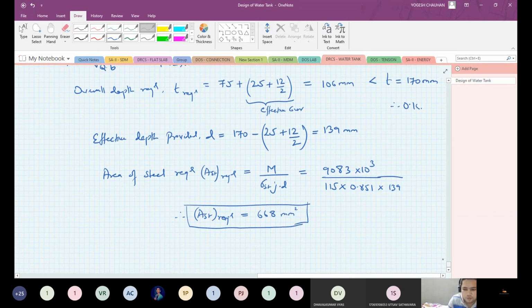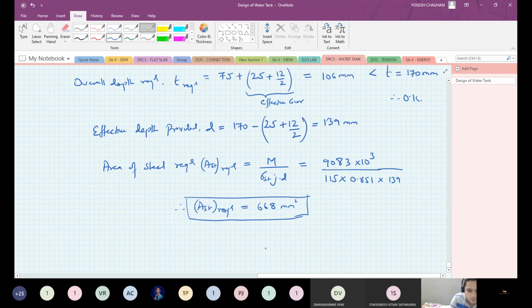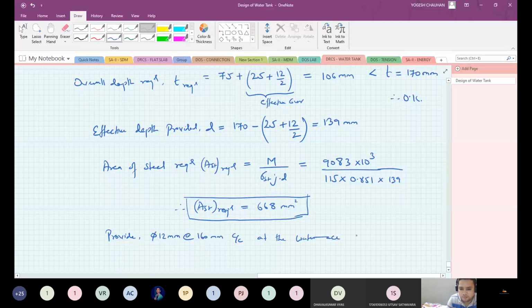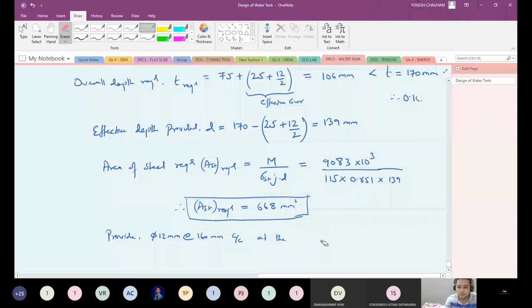So let us provide 12 mm diameter bar. Provide 12 mm at the rate of 160 mm center to center at the water face, meaning inside. This is for the negative reinforcement, the negative bending moment.